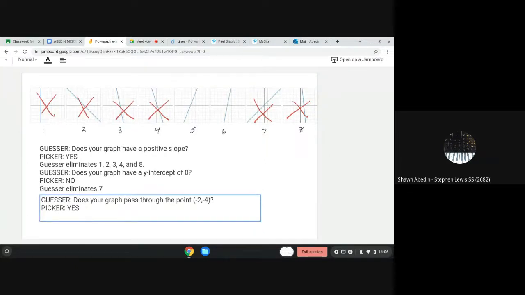And in that way, guesser can now eliminate 6.